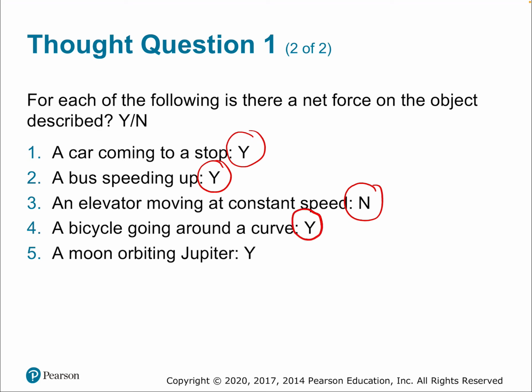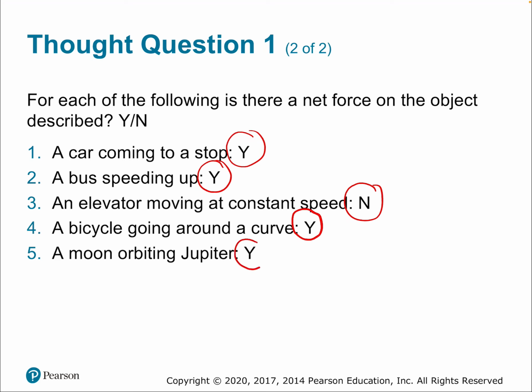And interestingly, a moon orbiting Jupiter, well, moons are known for maintaining constant speed. They're not erratically slowing down and speeding up, are they? Right? They're definitely not. But they are still turning. So every orbit, from a man-made communication satellite to our own moon or to a moon of Jupiter, every one of them is experiencing a net force.